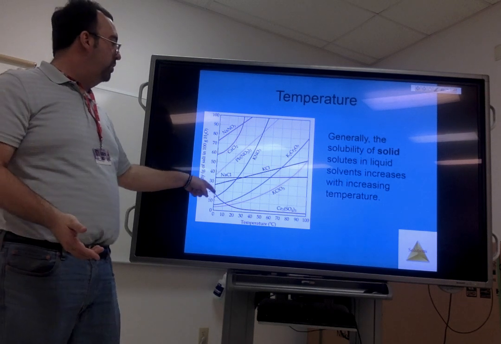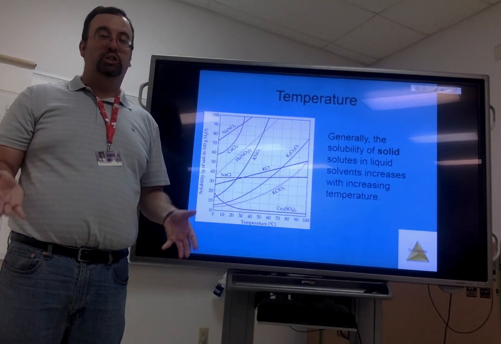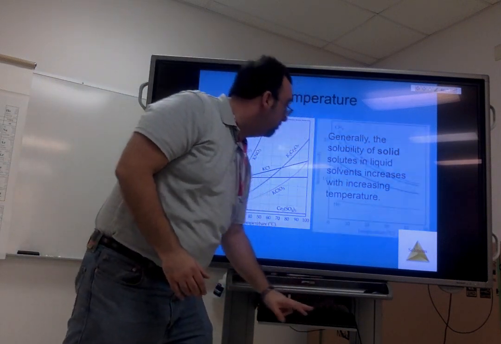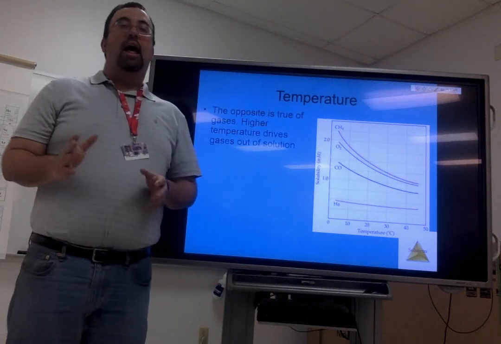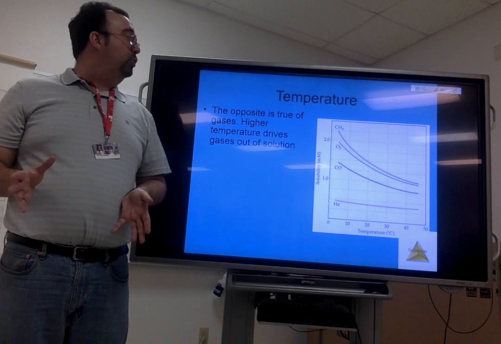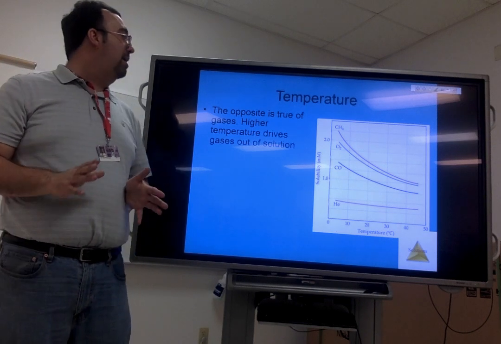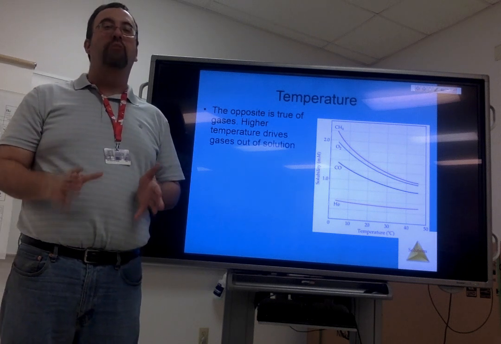Notice that the curves are different depending upon the salt you're looking at. I want to point out, however, that the opposite is true for gases. Higher temperature will actually drive the gases out of solution.